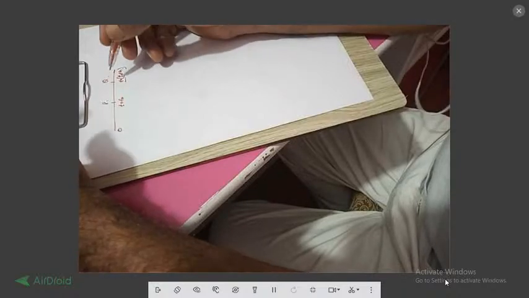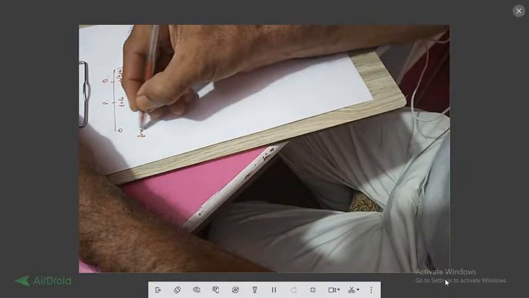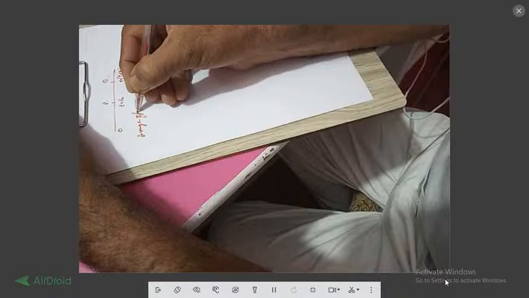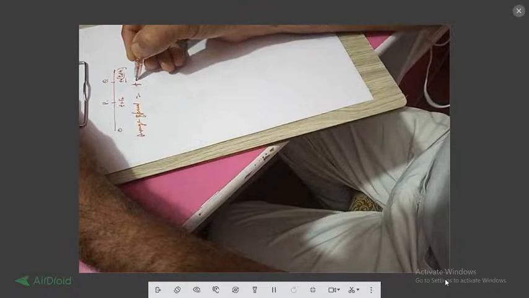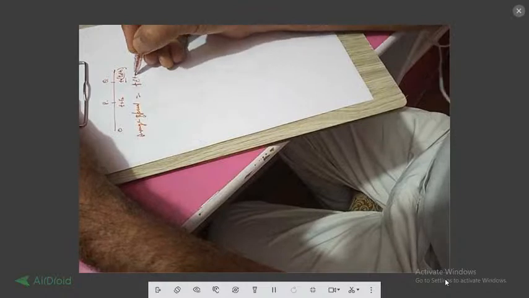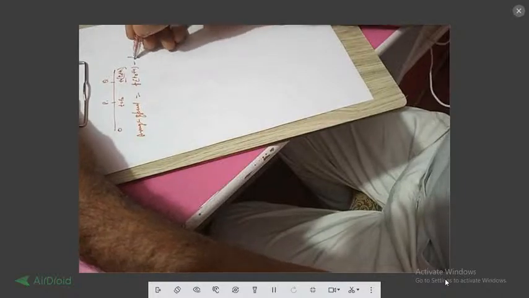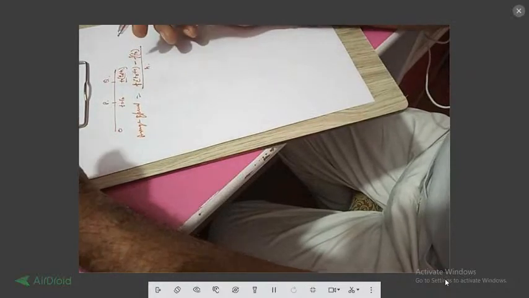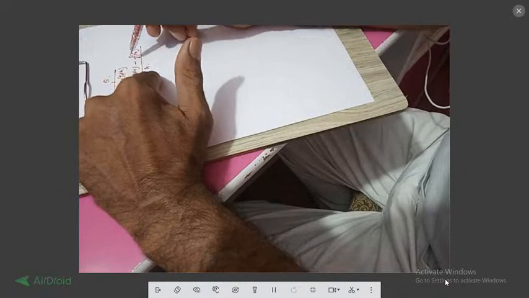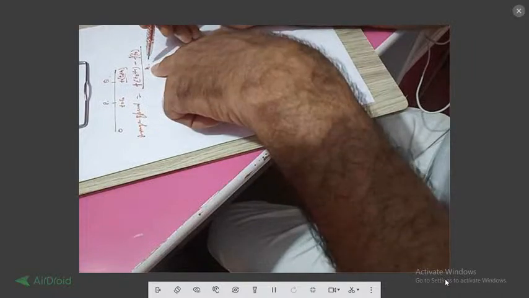Now the average speed between P and Q is equal to the total distance traveled by the body divided by the total time taken in the interval.